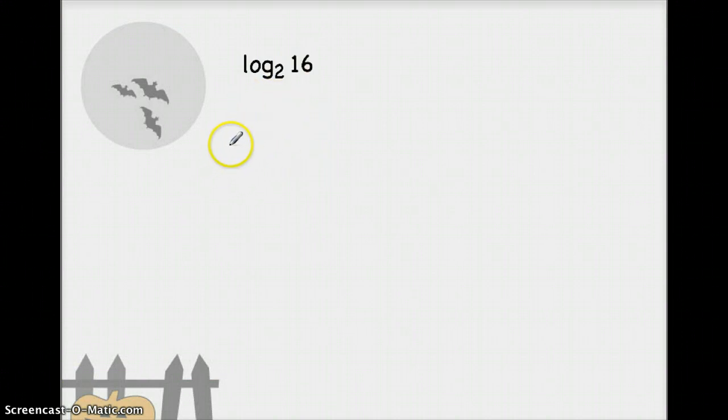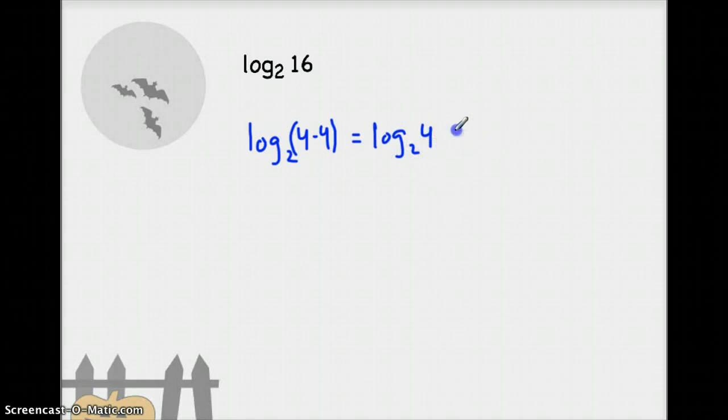So for example, I could do log base 2 of 4 times 4, because 4 times 4 is 16. Multiplication turns into addition when I break it up. So it'd be log base 2 of 4 plus log base 2 of 4.